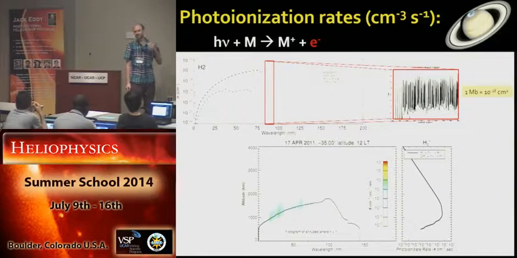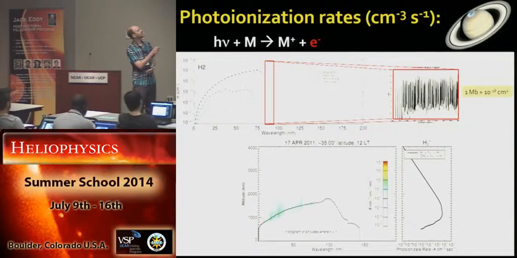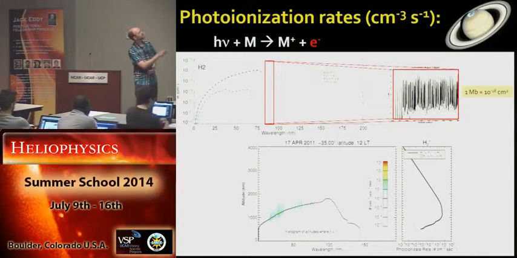Okay, so the problem is that the cross sections, if they're even known, might vary strongly with wavelength. So here's an example for molecular hydrogen. This is the cross section, so somewhere around 10 to the minus 18 per square centimeter is an average cross section versus wavelength. So here's the absorption cross section.